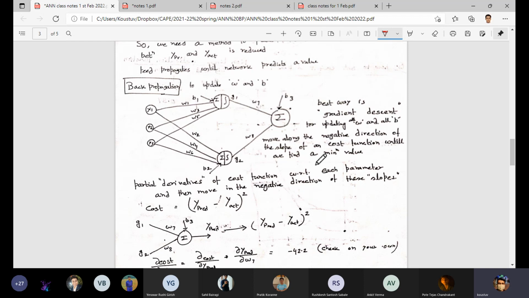So how do we define it? The cost function is defined as the difference between Y predicted and Y actual, squared. The square is taken because the prediction can sometimes be more than the actual value and sometimes less than the actual value. If you square it, it is a positive number.